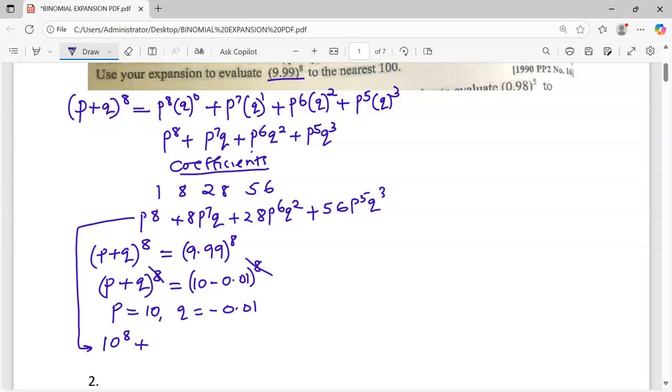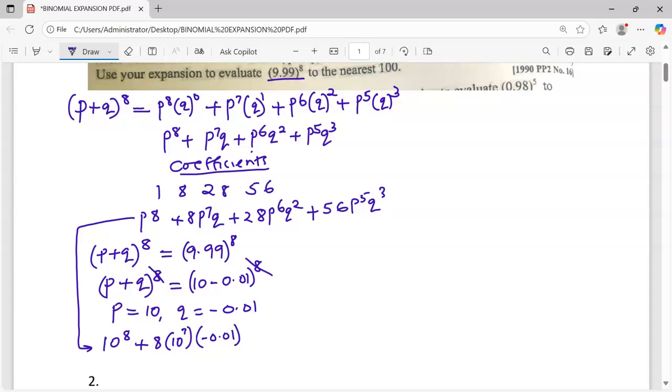Plus, we have 8, we multiply by p, which is 10, raised to the power of 7. We multiply by q, that is negative 0.01.